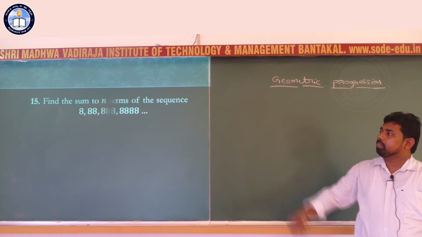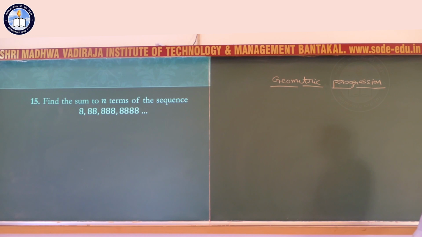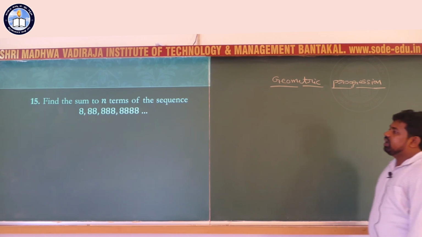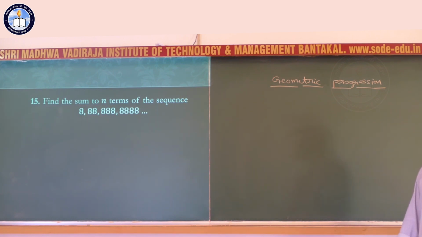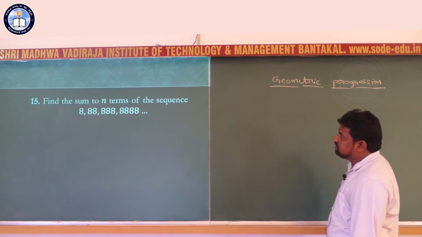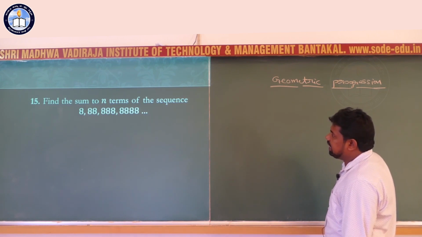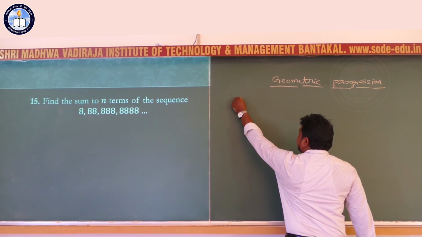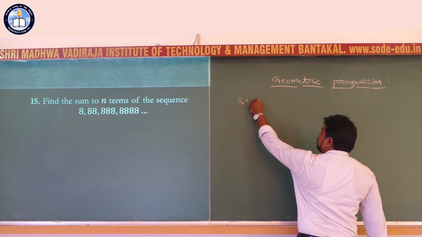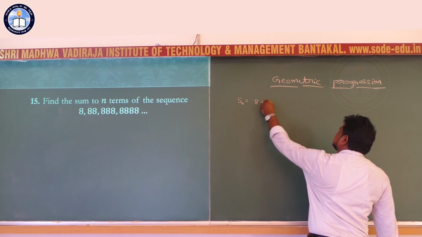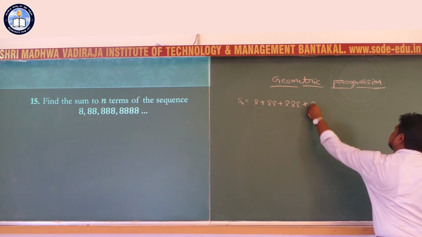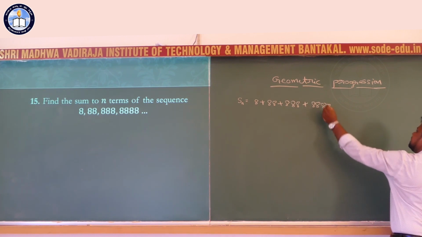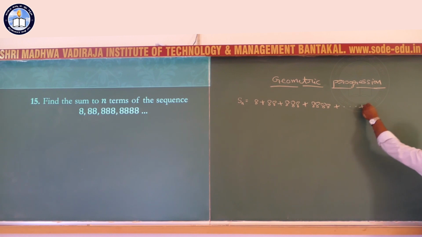Problem: find the sum to n terms of the sequence 8, 88, 888, 8888, and so on. Here we want the sum of n terms of the sequence. Sn equal to 8 plus 88 plus 888 plus 8888 up to n terms.